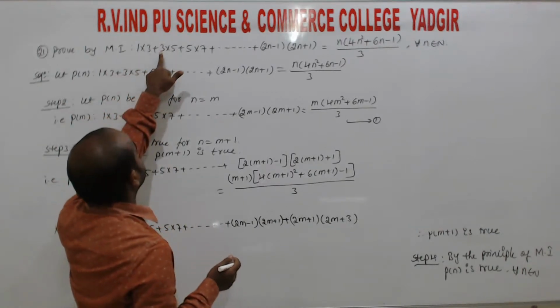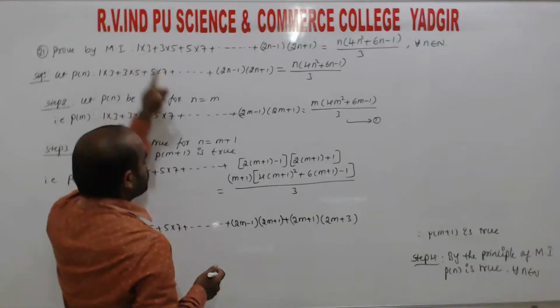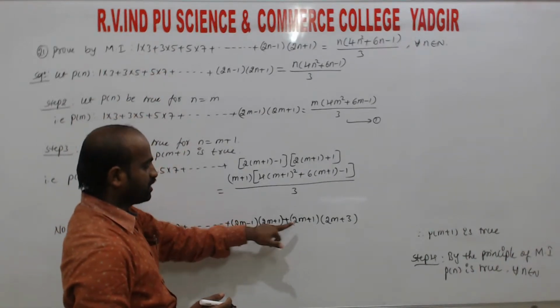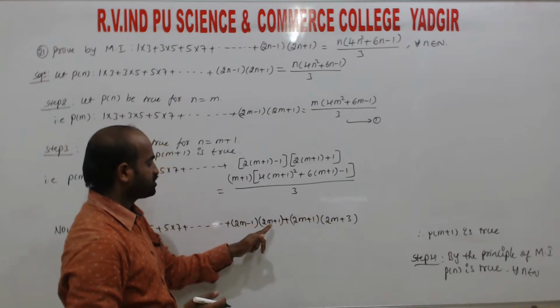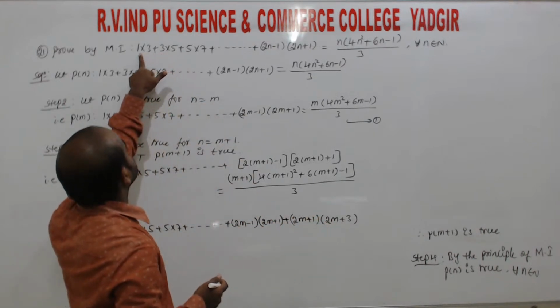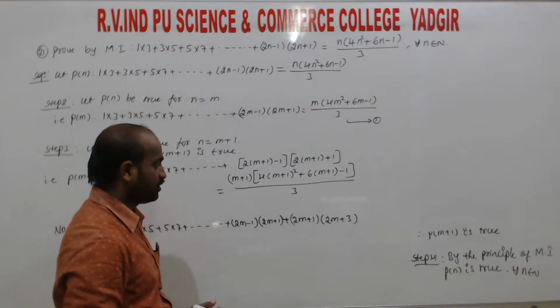Now, 1 into 3 plus 3 into 5, the difference is 2, 3 replaces 1. This means 2m plus 1 is the previous term, 2m plus 3 is the next term. Okay, 5 next 3.